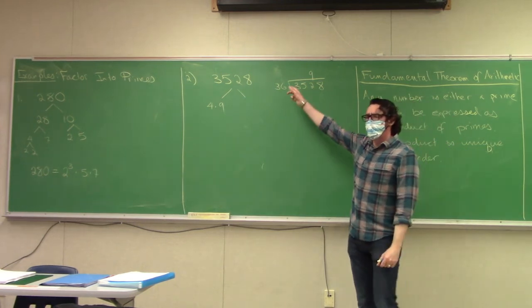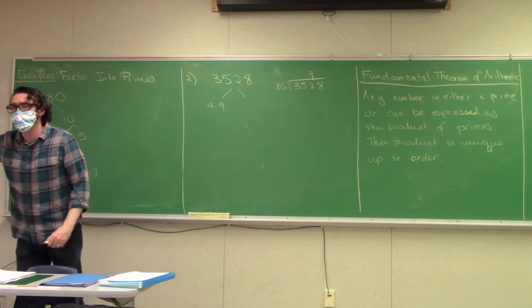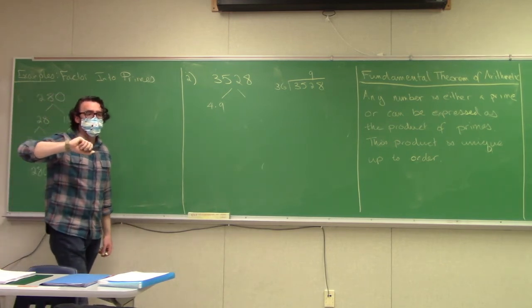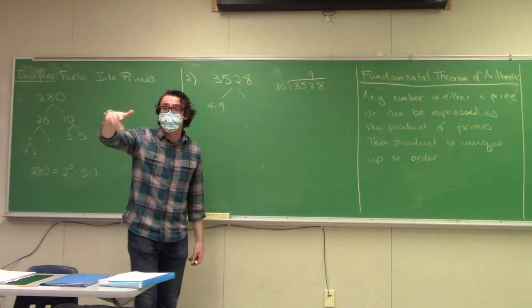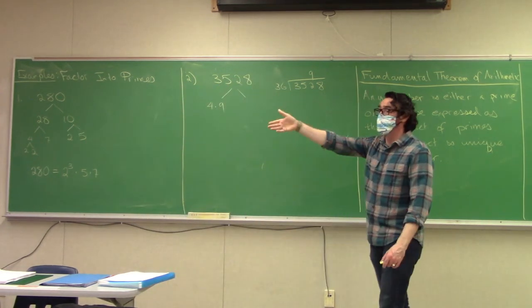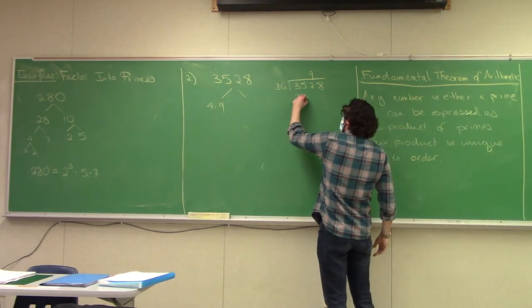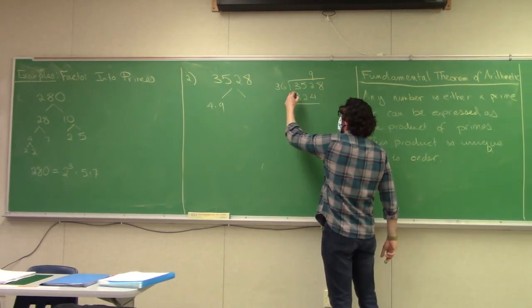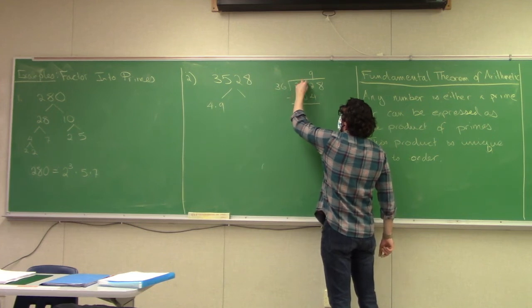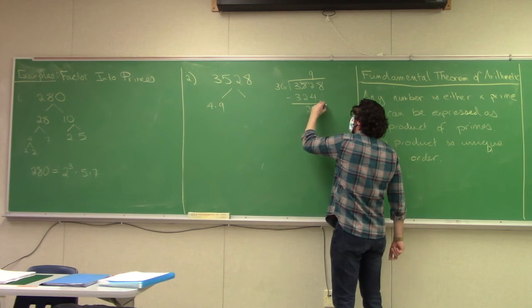How do I do my mental math for multiplication by 9? Multiply by 10, so I get 360. Now what do I do? Take away 36. So 360 take away 30 is 330, take away 6 is 324. I do my subtraction here: 3,528 minus 3,240 is 288.